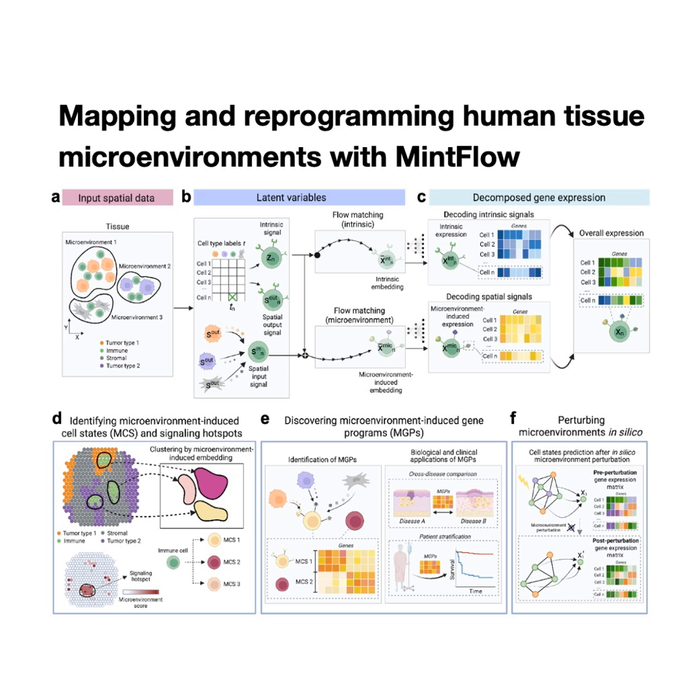The validation was twofold. First, they ran standard benchmark simulations comparing MintFlow to other existing methods, and it significantly outperformed them in correctly separating these signals. Okay, benchmark tests. But maybe more convincingly, when they applied it to real tissue data, MintFlow consistently assigned a much larger fraction of the expression of known signaling genes, things like cytokines and chemokines, which we know are involved in cell communication.